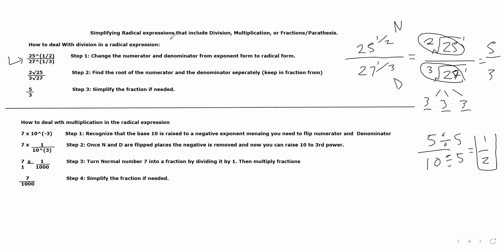And then this would be our final answer. It's always important to simplify whenever possible. But our actual answer here, 5/3, there's nothing you can divide 5 by that you can also divide 3 by without making them into decimals. So it's already in the simplest form.